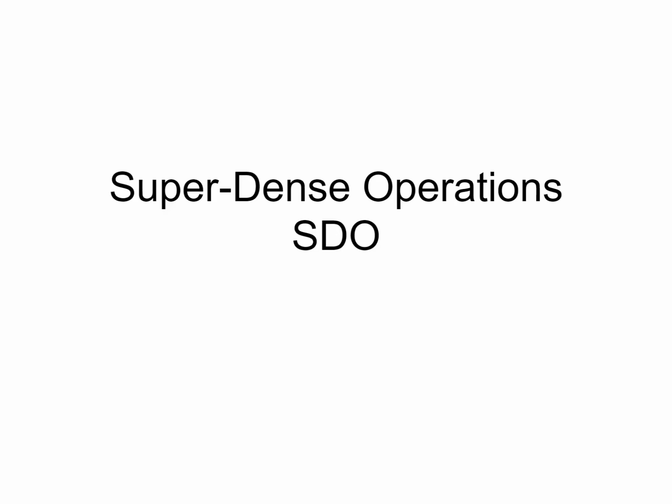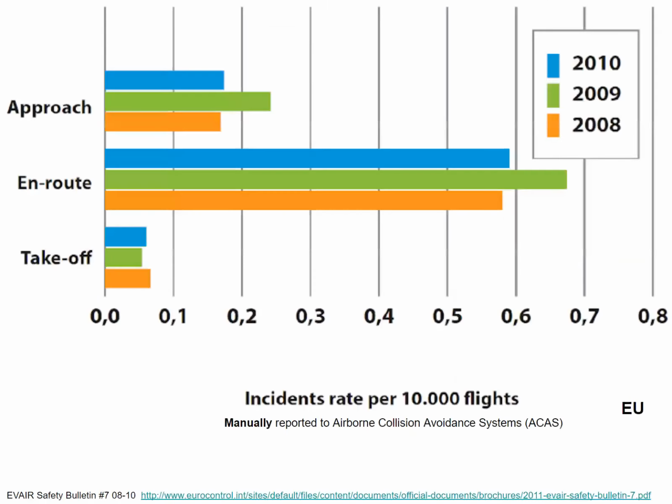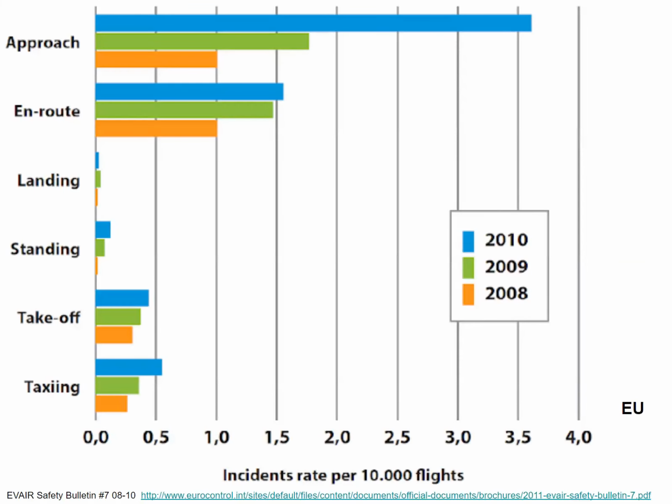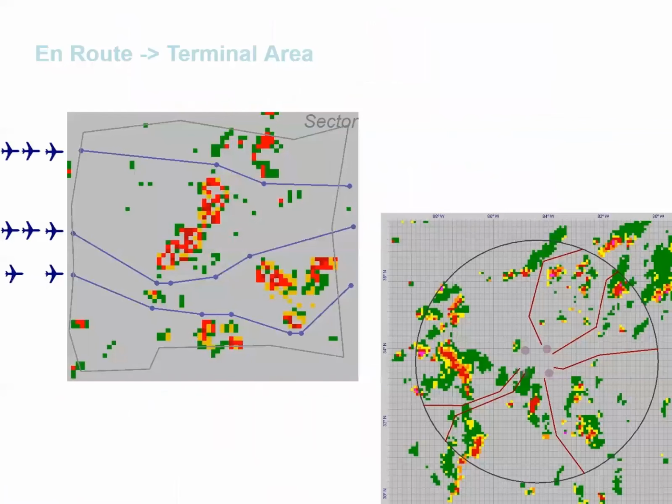Which of the theory transforms to the operations in the vicinity of airports and which doesn't? And again, with just few slides, I will not stop too deeply on them, but looking at where you have most incidents, manually reported versus the kind of real ones. And you see that there is, well, quite a few incidents that happen in the vicinity of the airports.